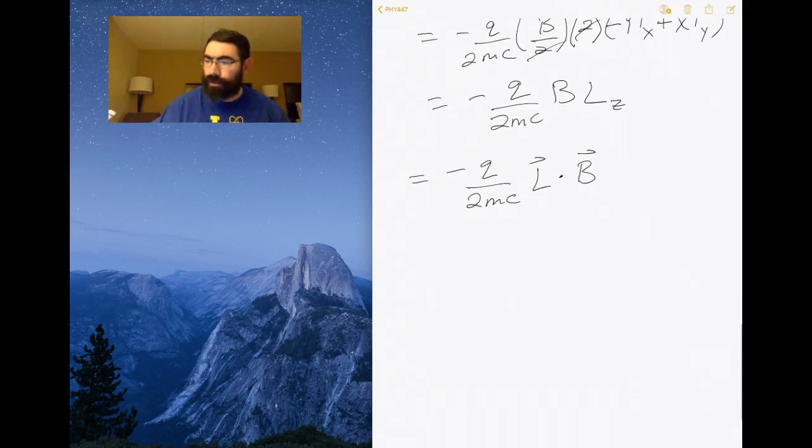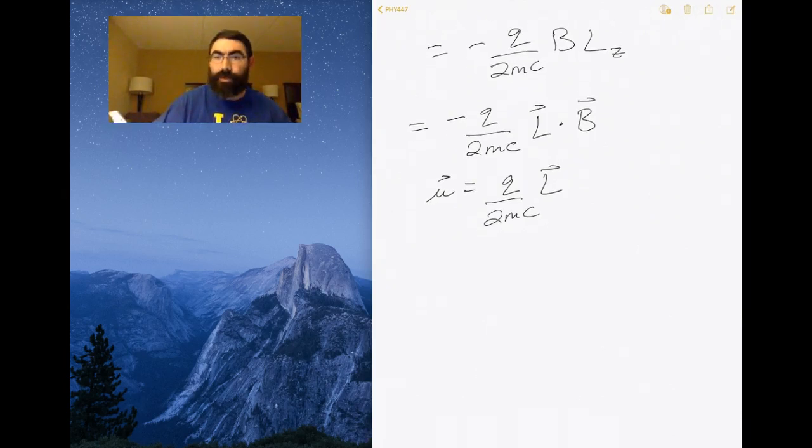Now if you remember, the magnetic moment is q over 2mc times L. So that means, even in quantum mechanics, the interaction Hamiltonian, basically the potential energy, is minus the magnetic moment dotted into the magnetic field.